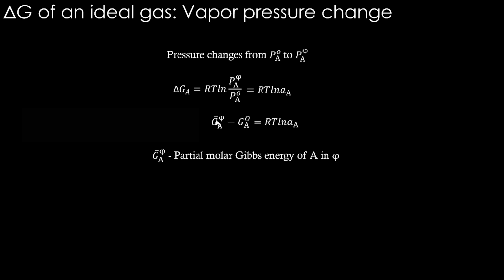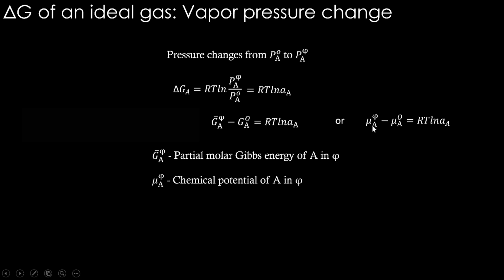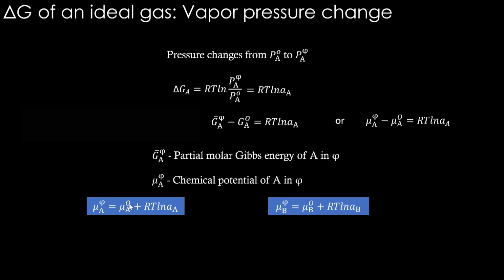The integral Gibbs energy of the solution is something else, that is G of phi, but only for A we can put this bar and call it the partial molar Gibbs energy of A, and we also said partial molar Gibbs energy is nothing but the chemical potential, right? So we can write this in this form as well. This mu A of phi is the chemical potential of A in phi. So rearranging this slightly, we can connect mu A of phi to the activity of A like this. Similarly for mu B we can write this.